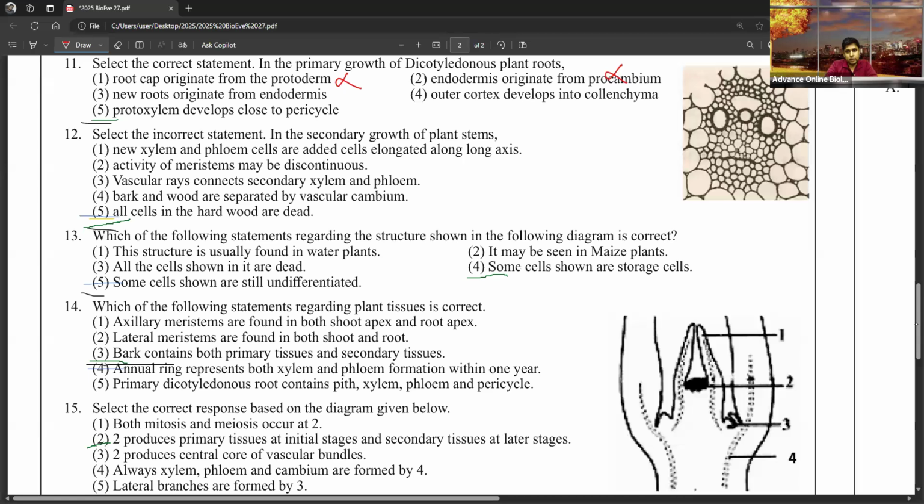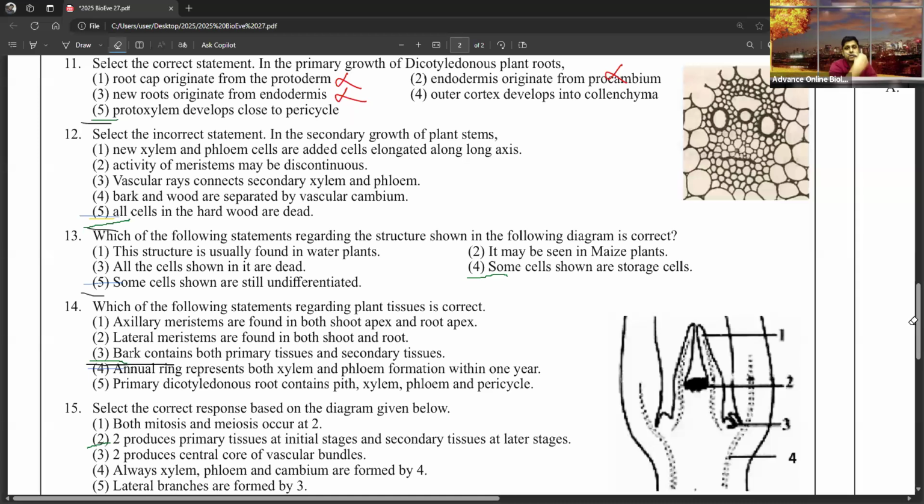New roots originate from endodermis. No, pericycle. Outer cortex develops into collenchyma. Protoxylem develops into pericycle. Wrong.